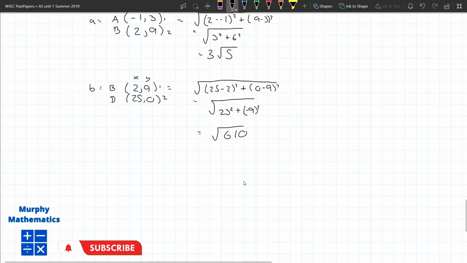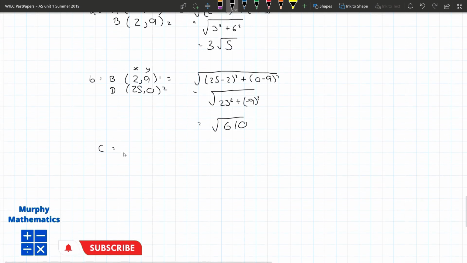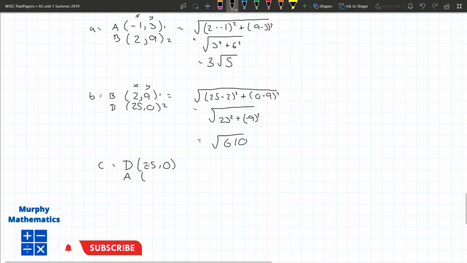And now hopefully the last one, little c equals DA. D is 25, 0. A is minus 1, 3. Okay, so putting that into our equation, this is 2, this is 1, x, y.